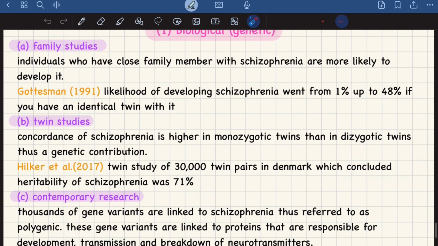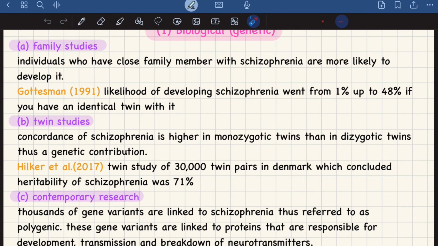In twin studies, first let me clear what are monozygotic and dizygotic twins. Monozygotic twins share 100% of their DNA, whereas dizygotic twins share 50% of their DNA. So the concordance rate of schizophrenia is higher in monozygotic twins because they share 100% of their DNA, and more than in dizygotic because they share 50%.